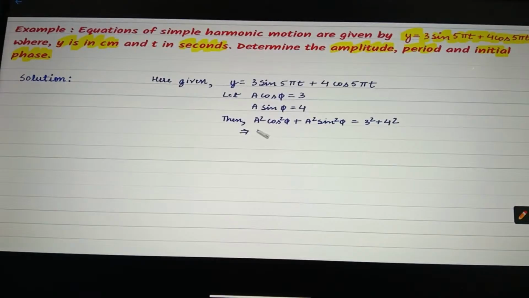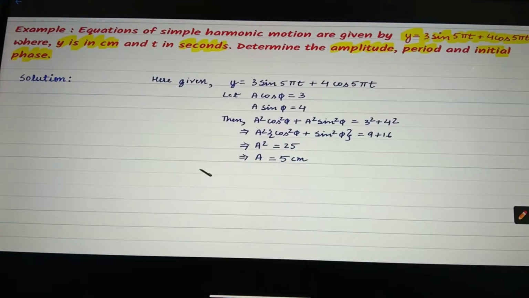Taking A square out, inside the bracket we have cos square phi plus sine square phi, which is equal to 9 plus 16. This implies A square is equal to 25. Taking square root on both sides, A is equal to 5 centimeters.